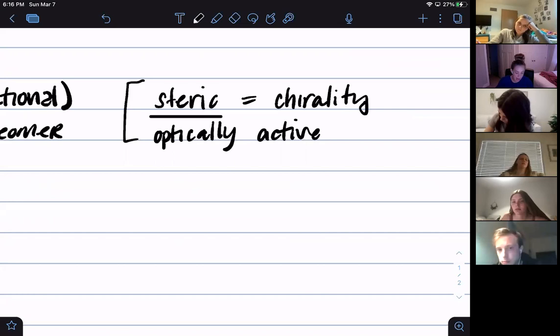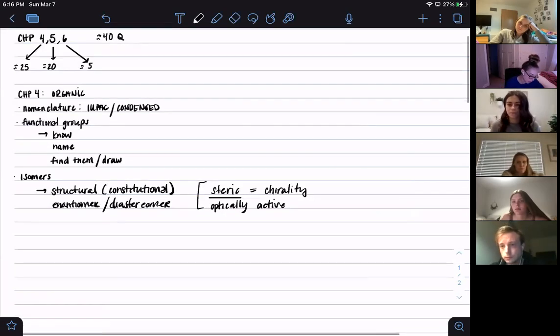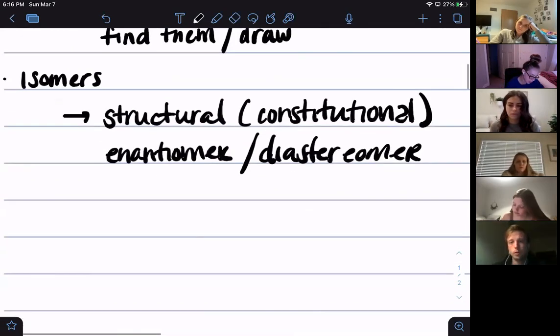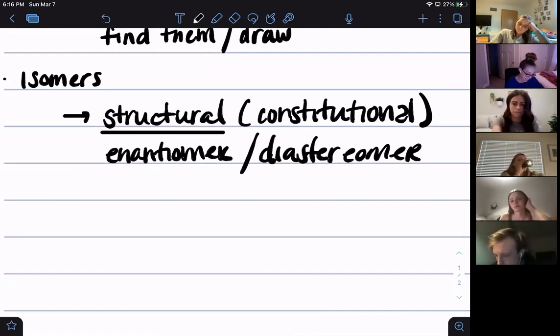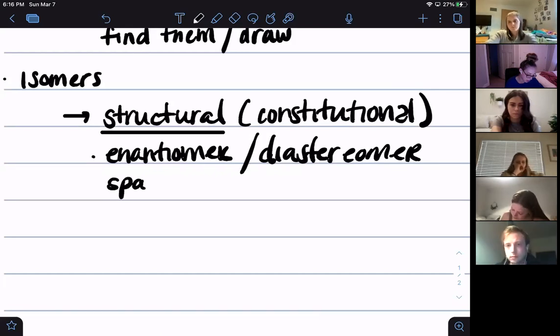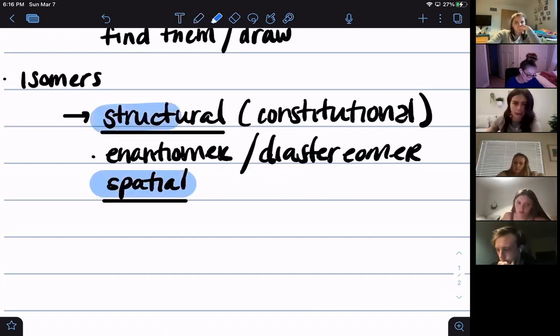It's all based on what you're looking for specifically, because when we start dealing with chirality, we're dealing with spatial. So the reason I like to call isomers structural rather than constitutional is because the enantiomer and the diastereomer are spatial. And that's really, really important. So that's how you can tell the difference.